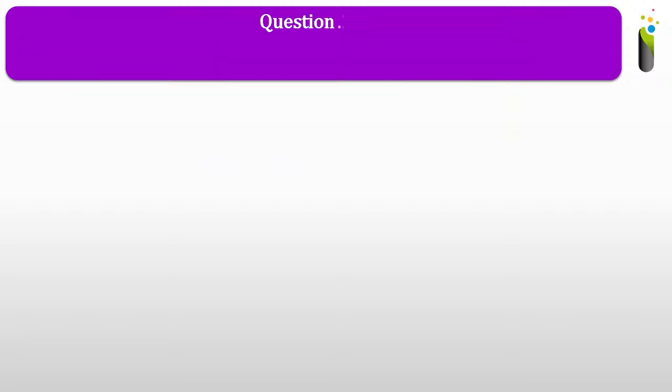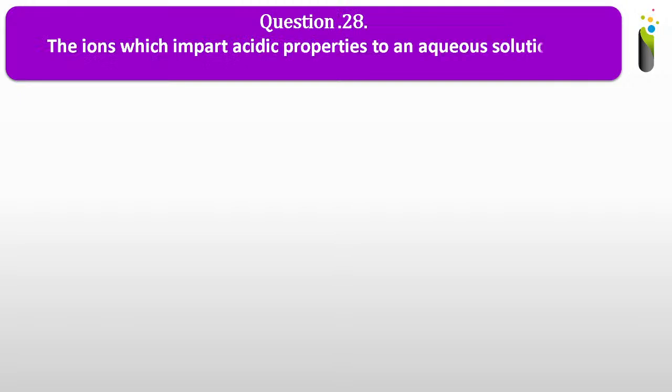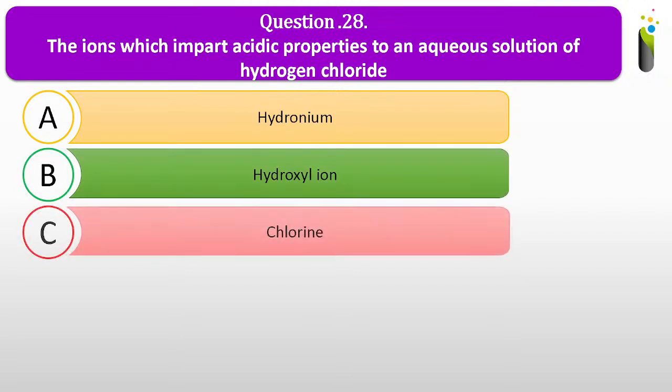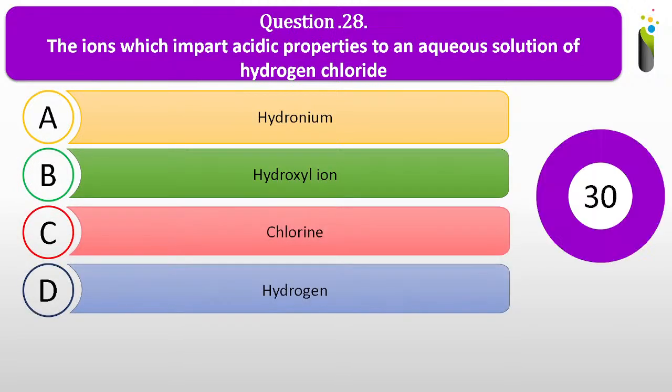Question number 28. The ions which impart acidic properties to an aqueous solution of hydrogen chloride. A. Is it hydronium? B. Is it hydroxyl ion? C. Is it chlorine? D. Is it hydrogen?